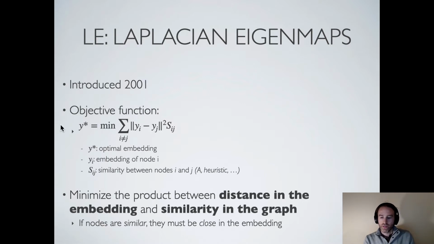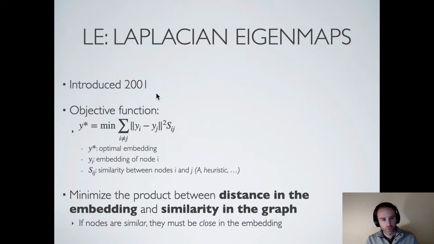Several embeddings like that were introduced in the last 20 years. But the topic of graph embedding became very popular very recently because of all the new works around machine learning. People became interested in the possibility of representing all the complexity of the structure of a graph as a vector.